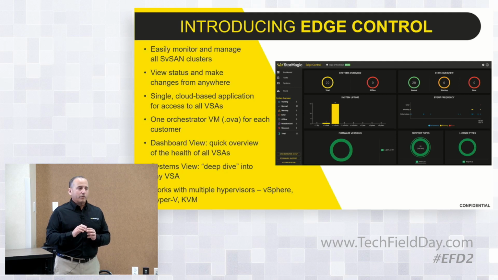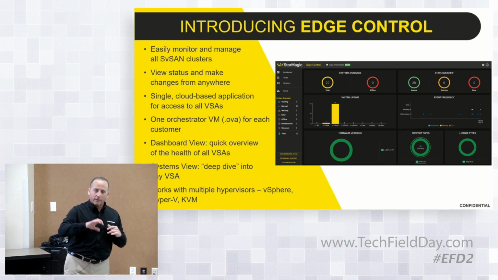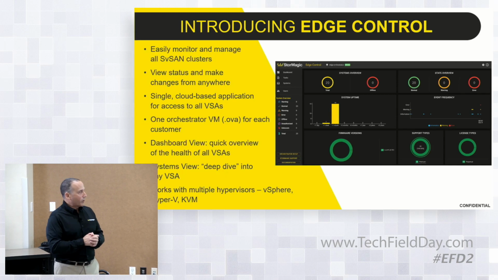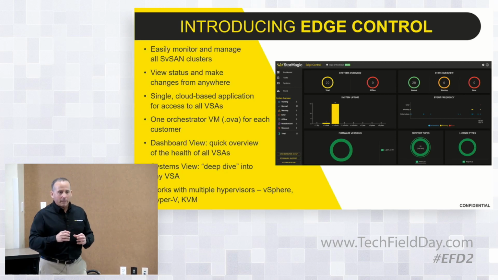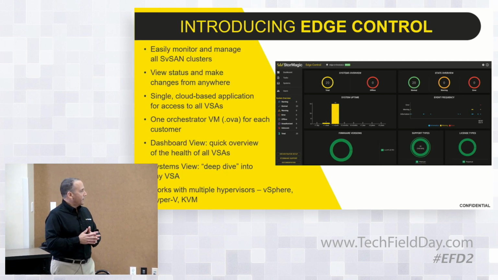That orchestrator is what's communicating with the VSAs. The collection point comes on their network into the orchestrator, and that orchestrator is what communicates with the cloud. What they view is the cloud, but there's a component on their network that's doing the minute-by-minute monitoring and management of all of their VSAs.